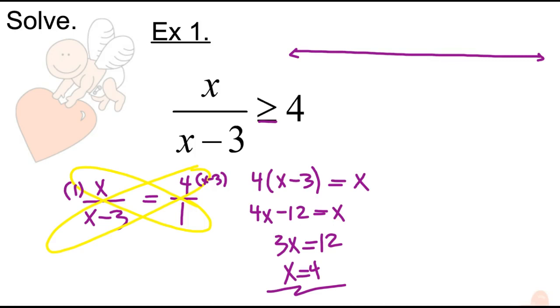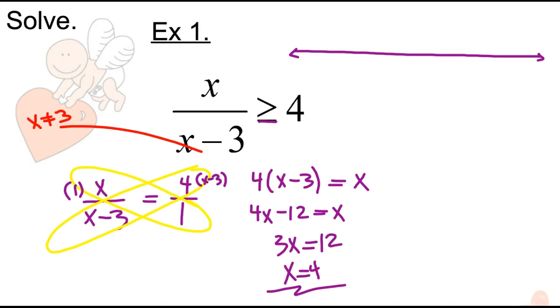There's one number for the variable x that is not allowed because we have variables in our denominator. 3, good. Yeah, 3 is not allowed. So because x cannot equal 3, that's going to be a boundary point too.